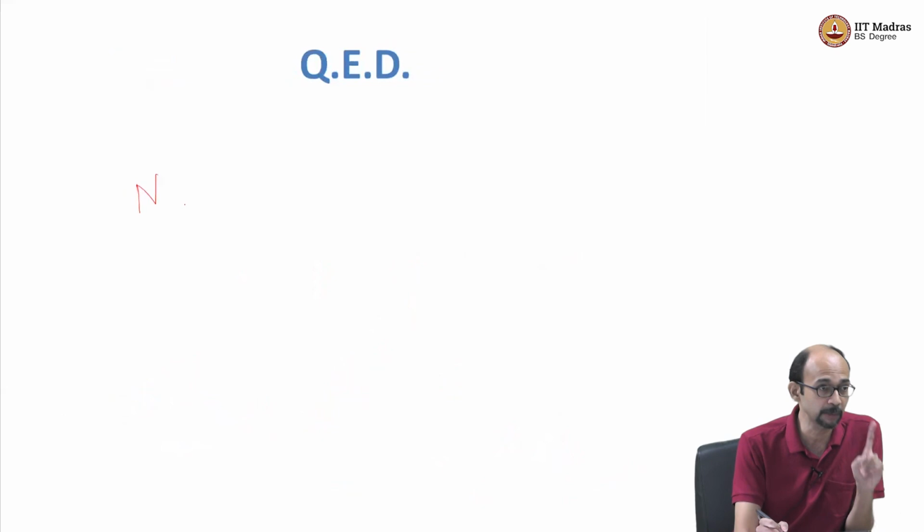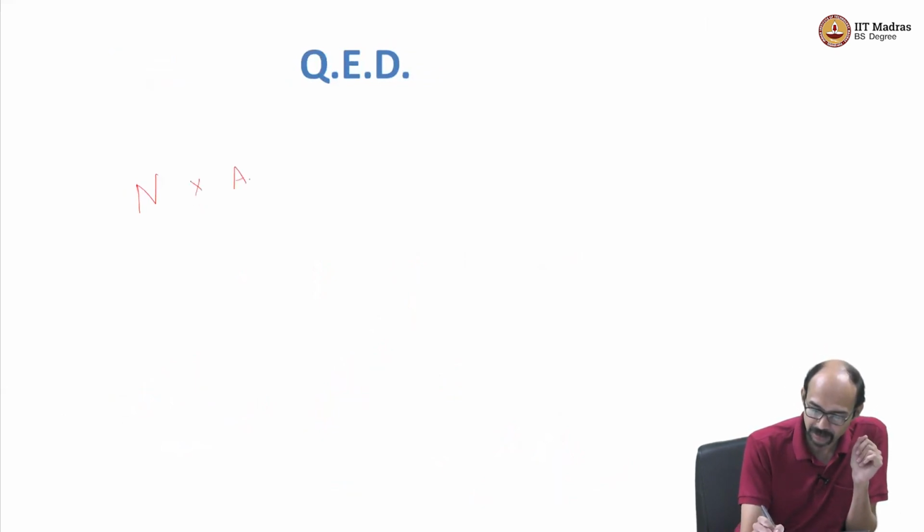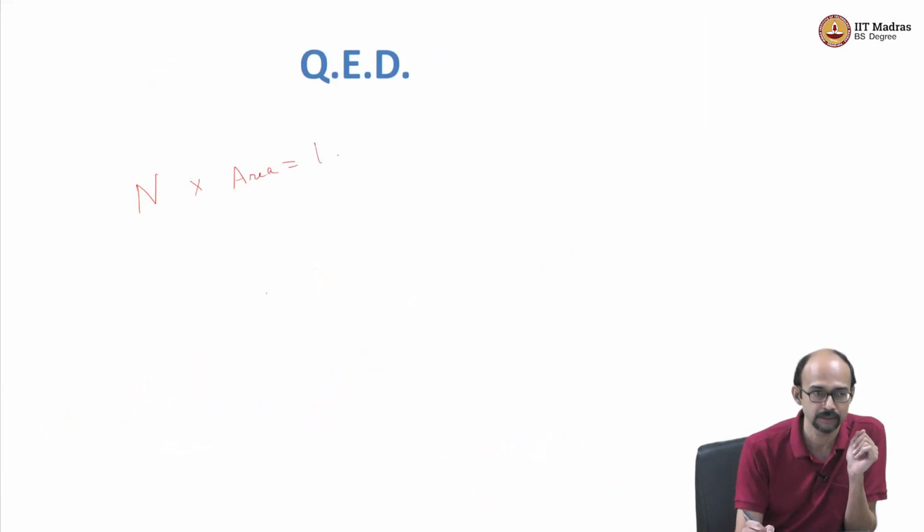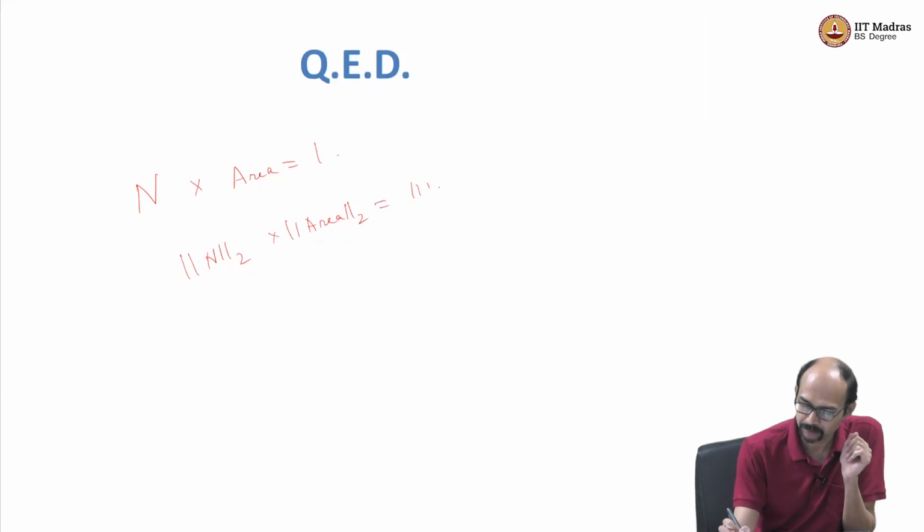And now this is the punchline, this ends the proof, because now suppose the number of triangles is n. Remember that all the triangles have the same area, right? So n times area is the area of the square, which is 1. Apply your norm. So what is the norm of 1? This is 1. What is the norm of the area?